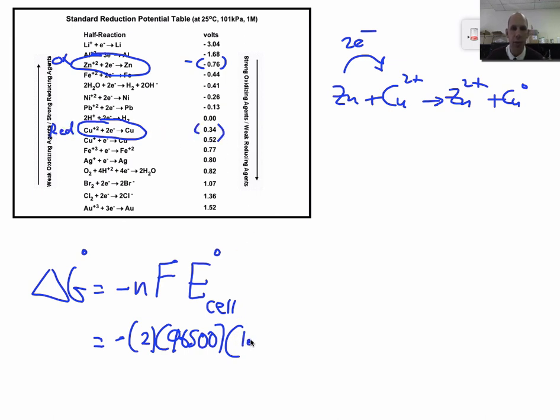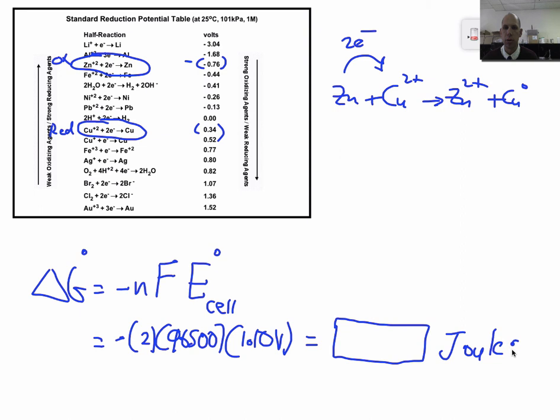And this answer now is going to be in joules. And now notice here, because the E cell is positive, delta G, in this case, is going to end up being negative, and the reaction is going to be spontaneous.